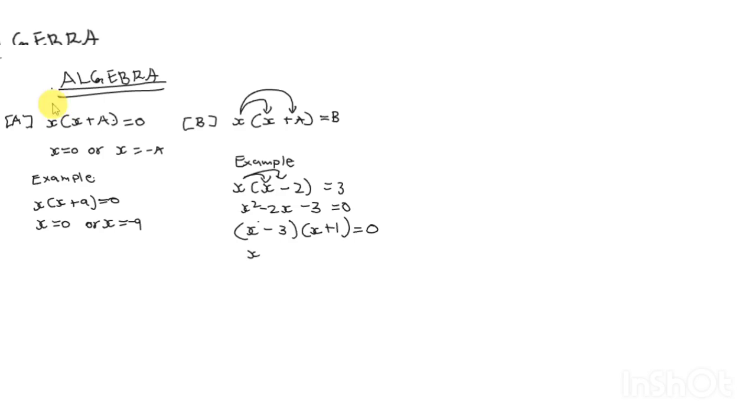So here now it will be x equals 3 or x equals negative 1. So I hope now you know the reason why we put this x inside. It's because it is equal to a number here, but we do not put the x inside if it is equal to 0 like this.